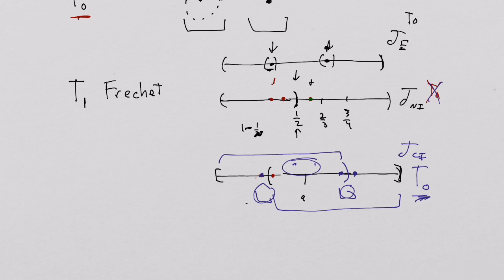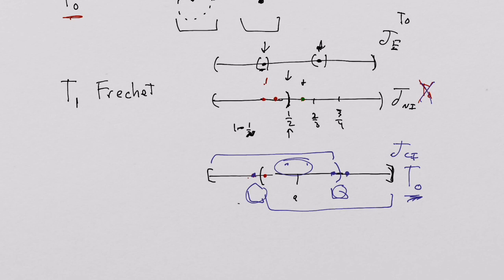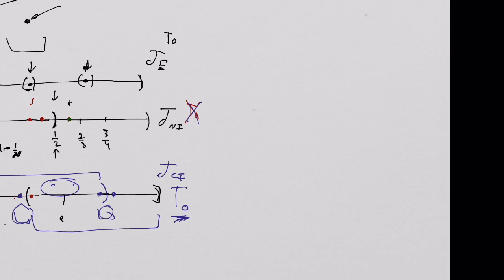But I am going to show you, and that space is the co-finite topology, right? And the co-finite topology we're going to show is T1. Let me quickly do that. In fact, it's almost ridiculously easy for the co-finite topology, right? Because let's see, I just take a red point and a red point.